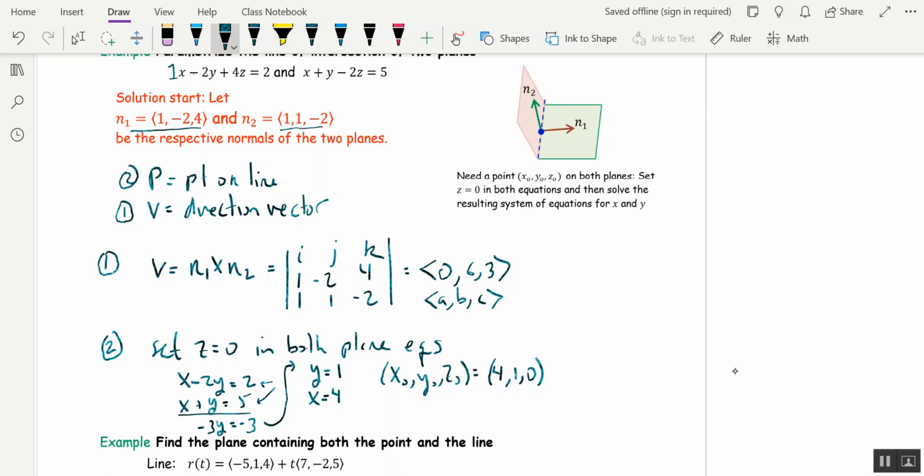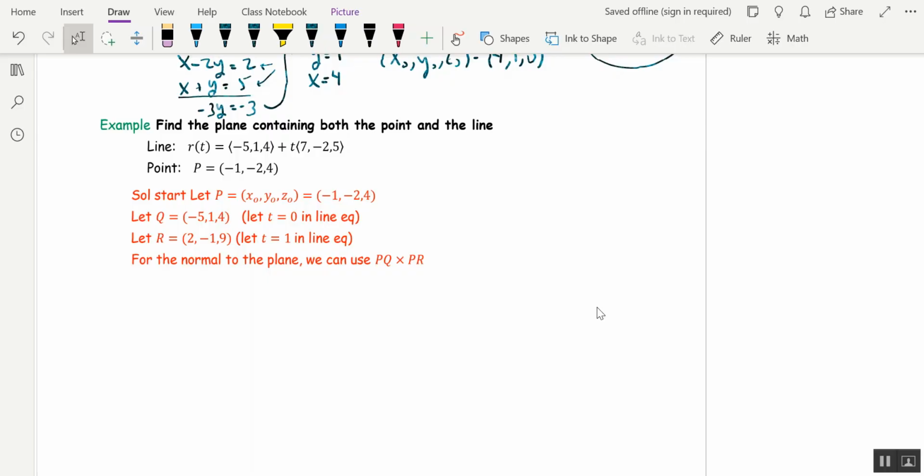So I'm ready for my parametric equations. x equals x naught plus at. So that's just 4 because a is 0. y is y naught plus bt. So that's 1 plus 6t. And z is z naught plus ct. z naught is 0, so this is just 3t. And that's it.